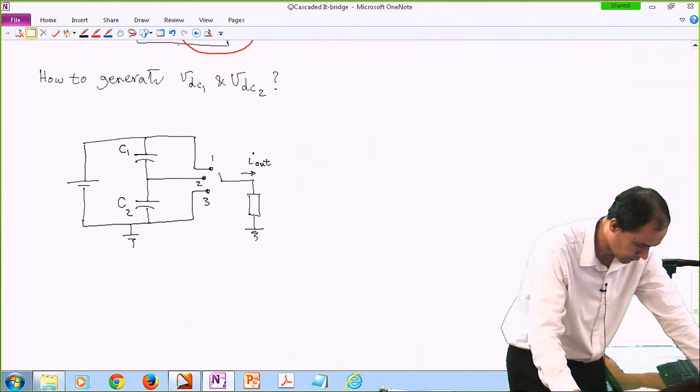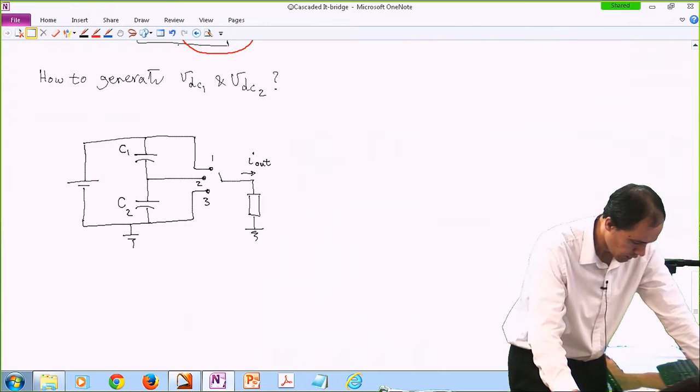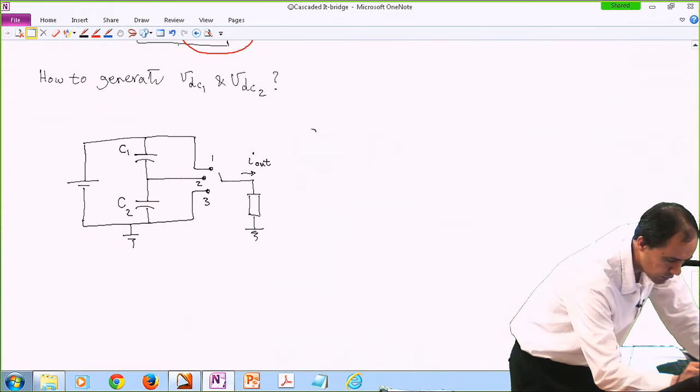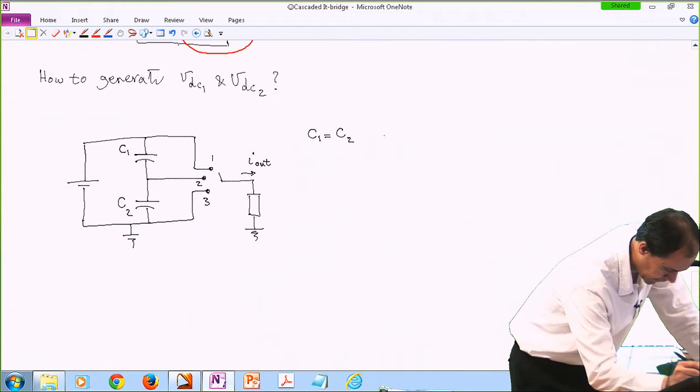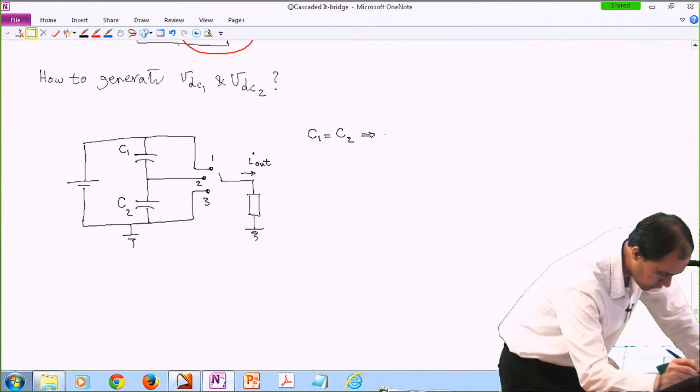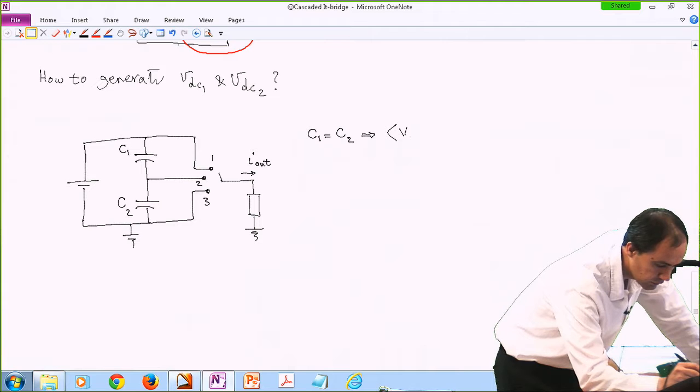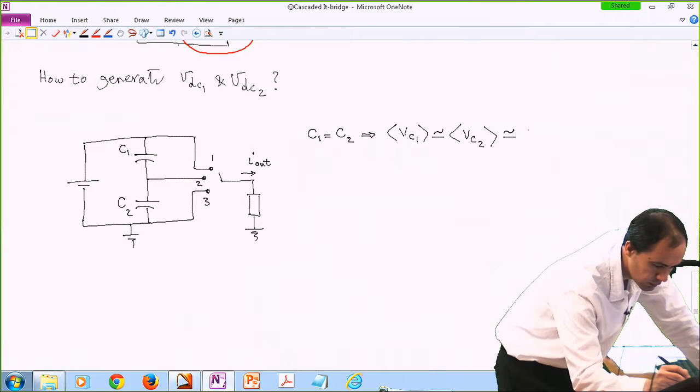So please remember C1 is almost the same as C2. And our ideal goal is to have VC1 to be almost the same as VC2, and almost similar to Vin over 2.